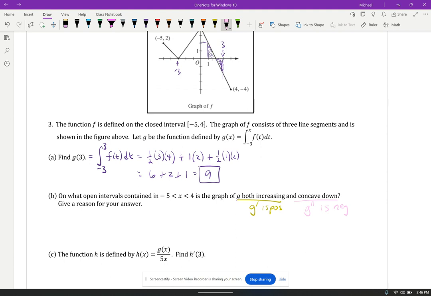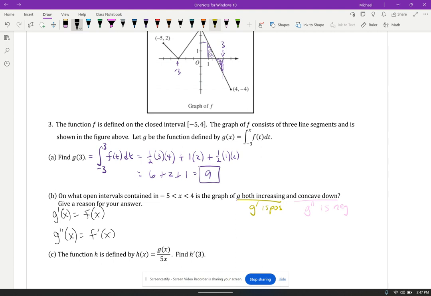Well, g prime is going to be easy because when I take the derivative of this integral, I'm just going to be left with f of x. And when I take the derivative of that, I'm going to be left with f prime of x. I'm supposed to multiply by the derivative of the inside, but that'd be times 1, so I'm not showing that. So when is g increasing? That's when g prime is positive.